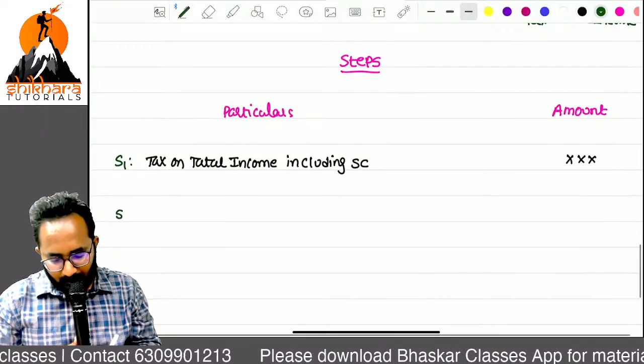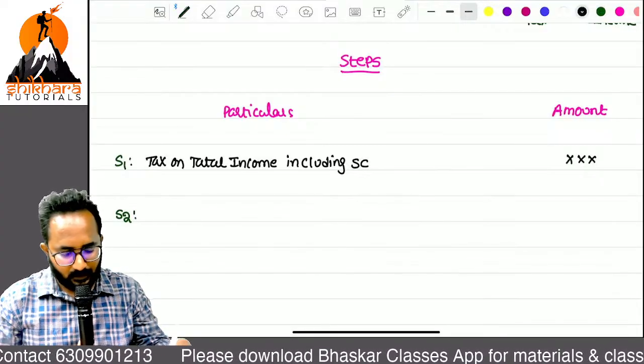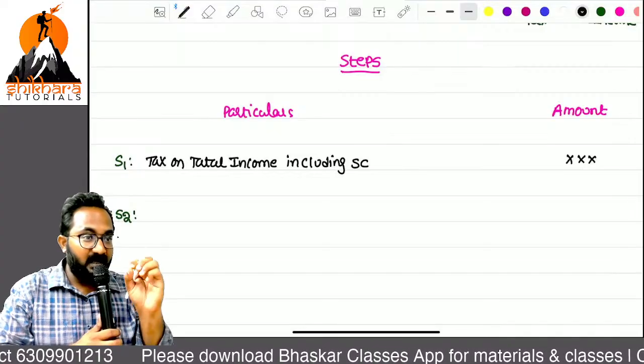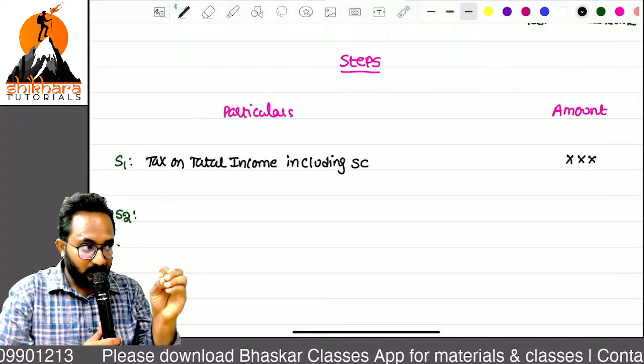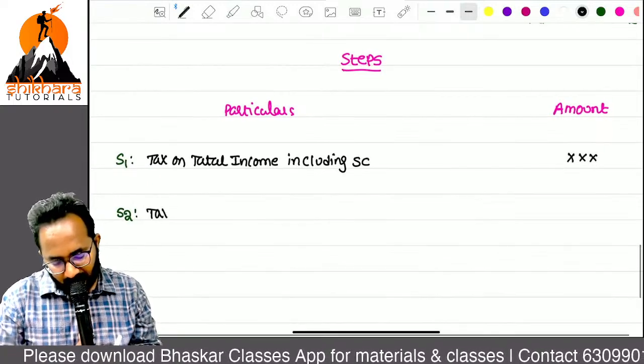Step 2, can you tell me? Tax on basic limits for surcharge. Here also we have to include what? Surcharge.